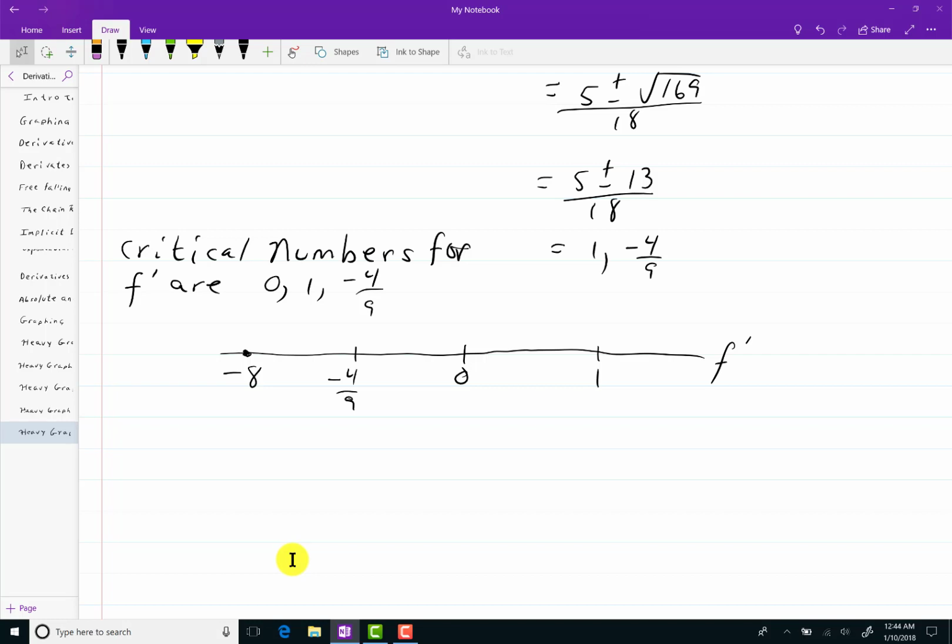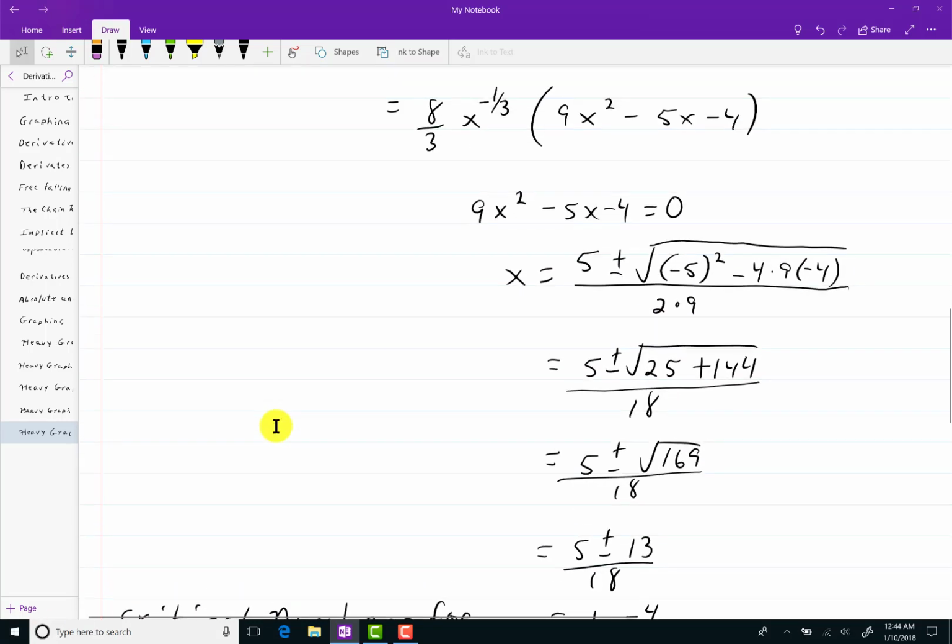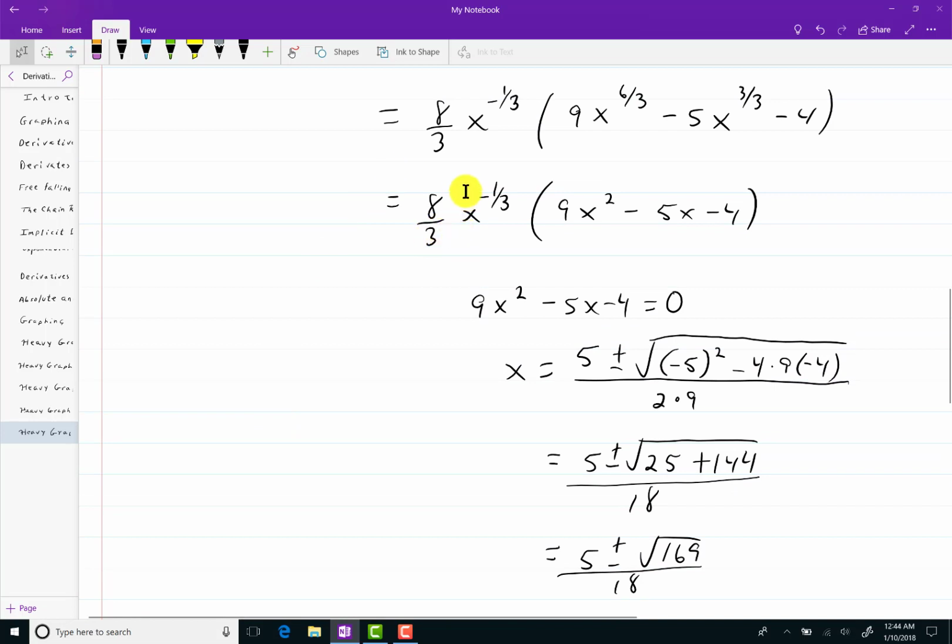Let's take a look at then what we'd have for x equals negative 8. I want you to think about it. When x equals negative 8, this part is negative 2. So out front is a negative number. But in here, when you take negative 8 and square it, you'll get a 64 times 9, which will be 576, plus 40 minus 4.